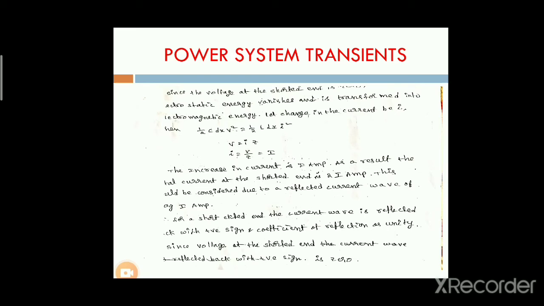The increase in the current of I amperes results in a current at the short circuited end of 2I amperes. This is due to the reflected current wave of I amperes.